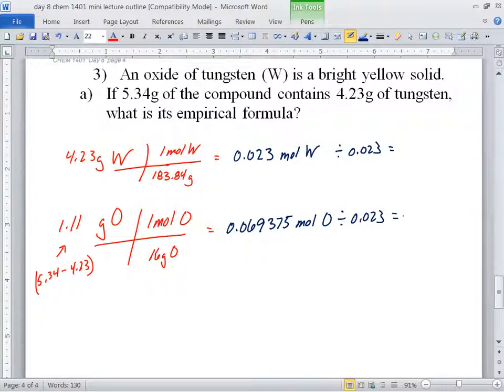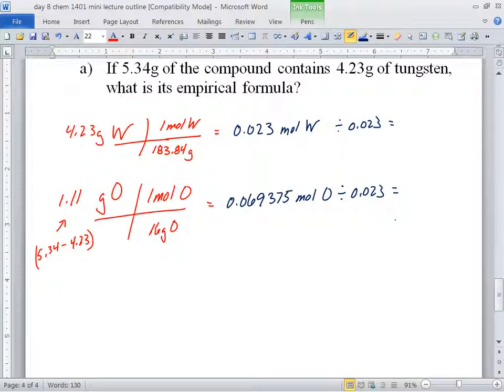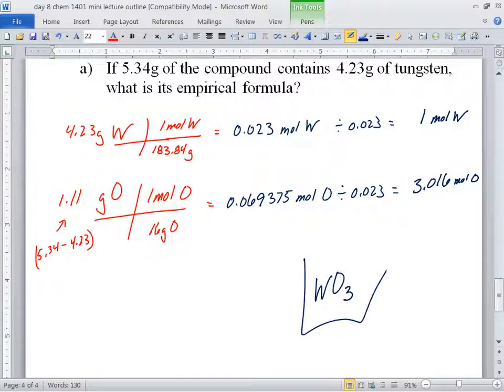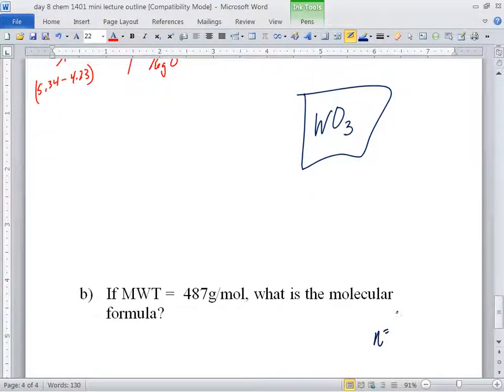Like I said, if you finish the tungsten problem, go all the way to the review and do that problem that I mentioned. 0.487 over 132, seeing if you got the same answer.